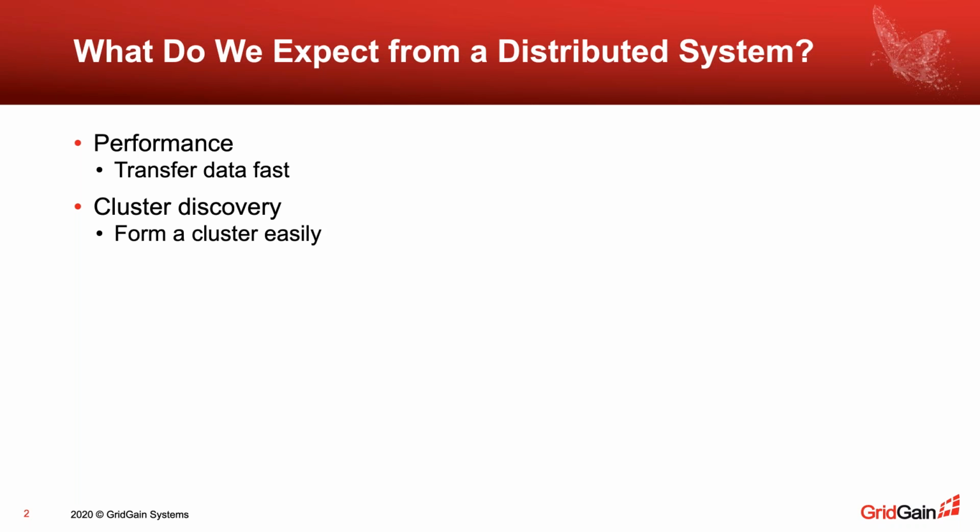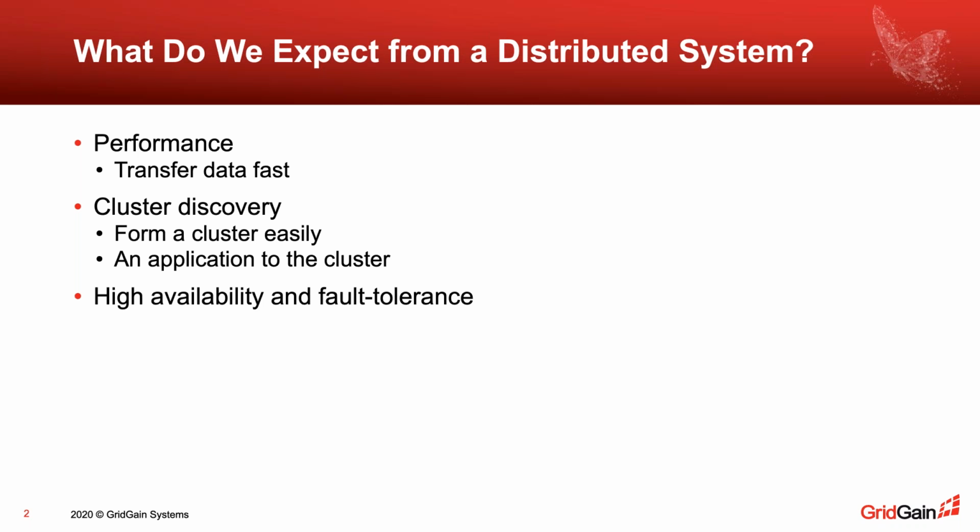And we need the server nodes, the nodes which are going to store the data to connect to each other easily, and we need applications to be able to easily connect to the cluster to store and read the data.